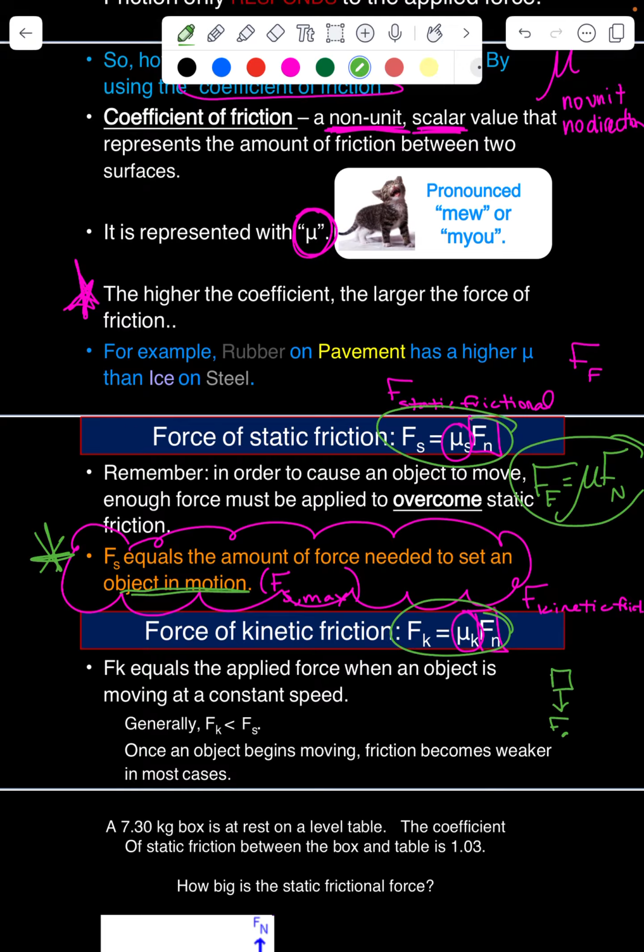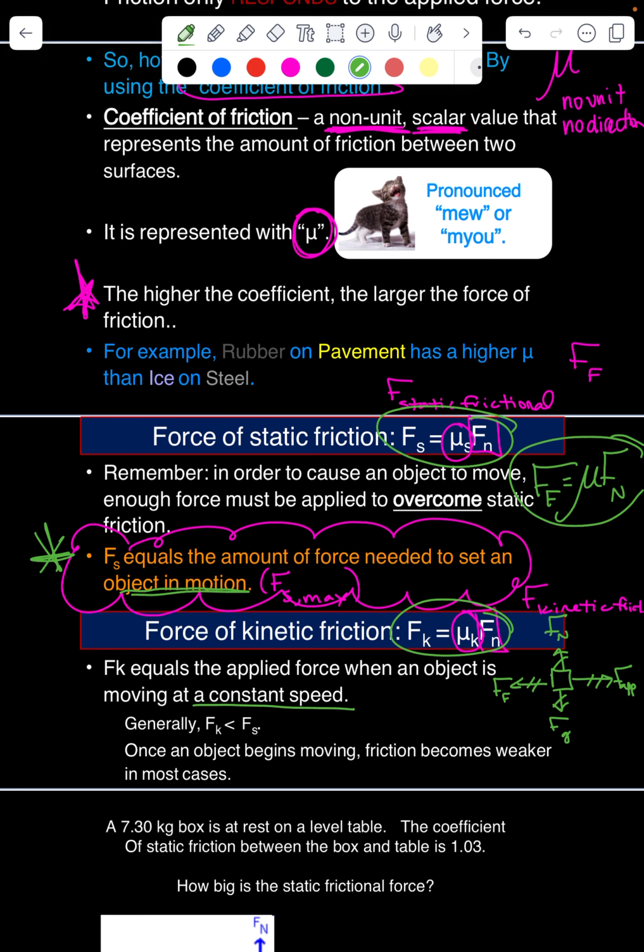If we were to draw our free body diagram, we know that we have an applied force. If an object is moving at a constant speed, we know that the frictional force and applied force would be equal to each other.